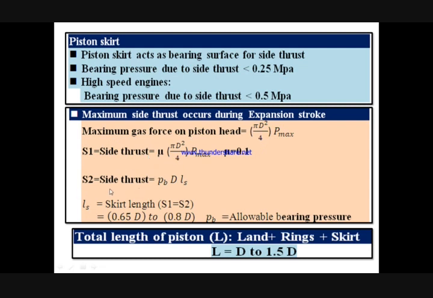The side thrust that is acting is resisted by Pb into d into Ls. So for equilibrium, these two should be equal.